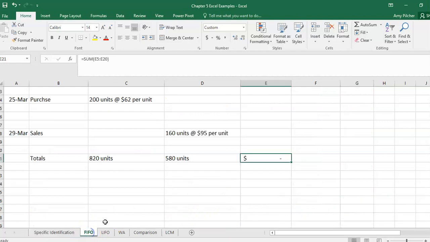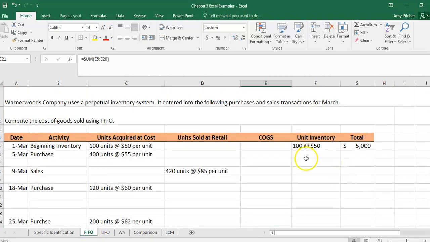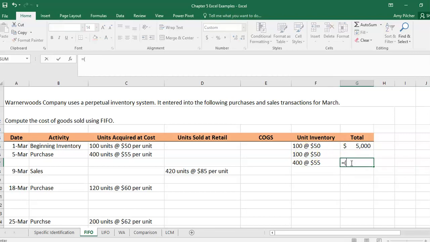Now we're going to look at FIFO, which stands for first in, first out. So our first costs are our first ones that get sold. So this first purchase or addition to beginning inventory is the same as it was with the specific identification. So after our first purchase, we have the 100 times 50 plus 400 times 55, or 27,000.